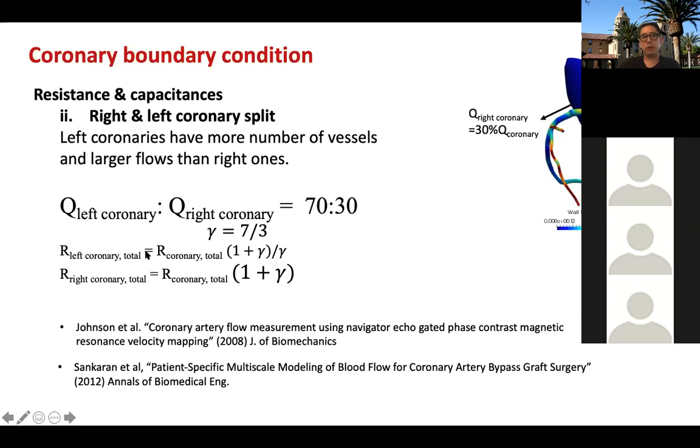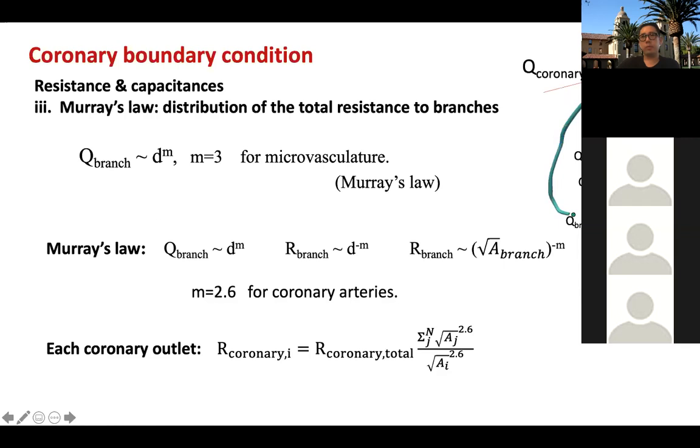You can then calculate the total resistance of the left coronary branches and the total resistance of the right coronary branches. Once we have the total resistance of the right and left coronaries, we distribute the total resistance to each branch.